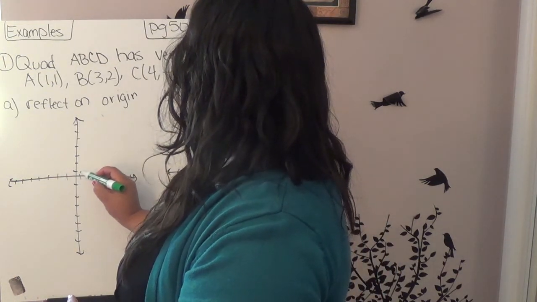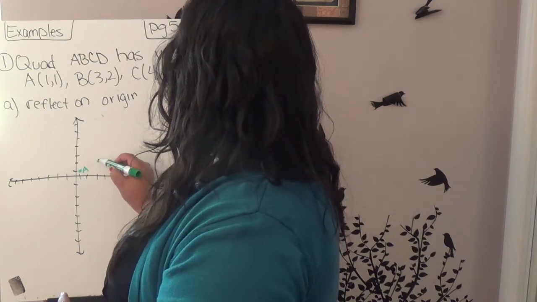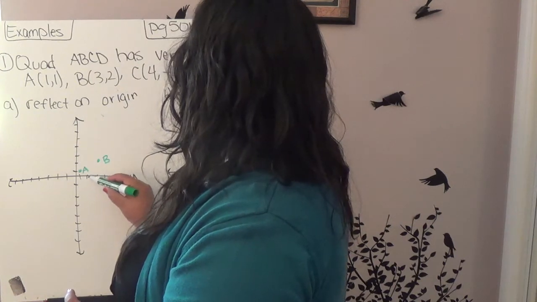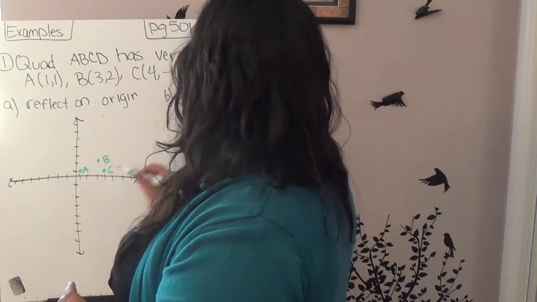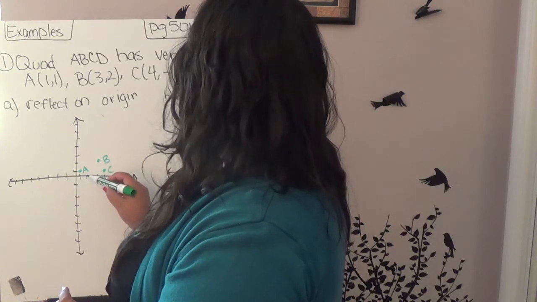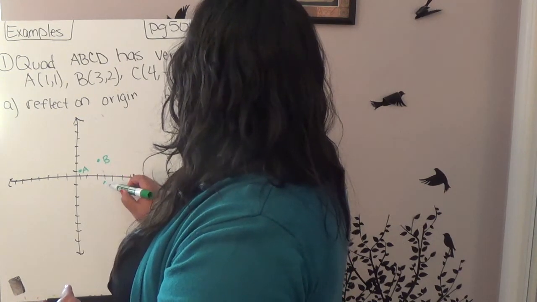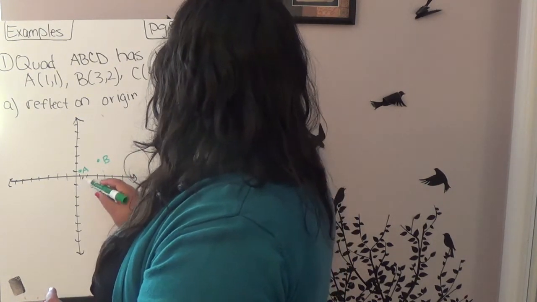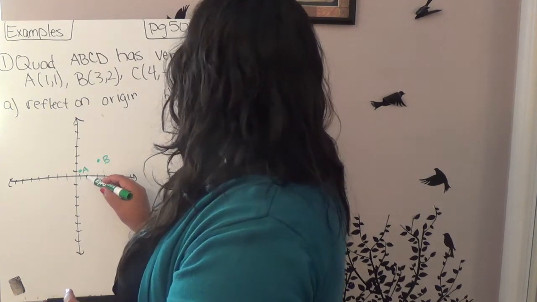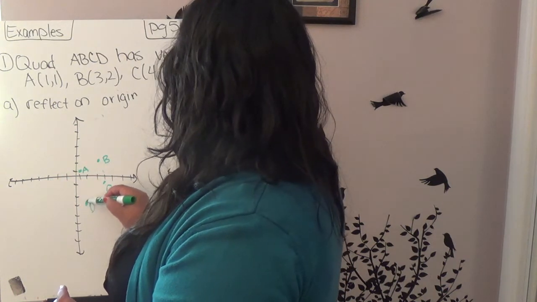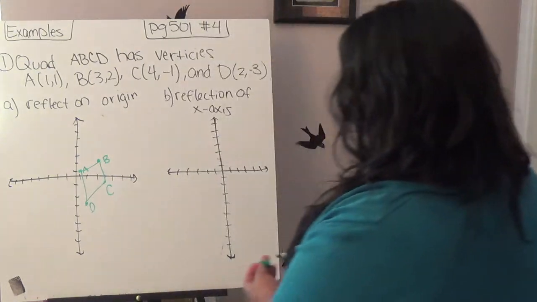So this is 1, 1, that's A. 3, 2 is B. 4, 1 is C. And 2, negative 3, sorry, 4, negative 1 is C, and 2, negative 3 is D. So here is my shape, and I'm looking for the primes of that reflected off the origin.